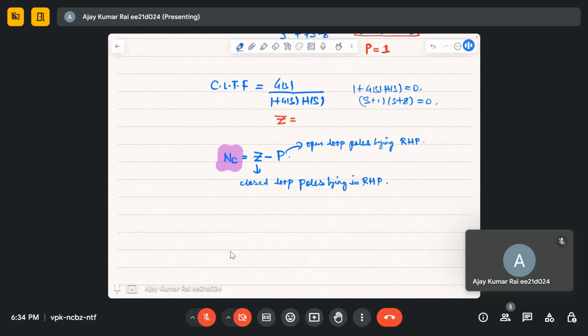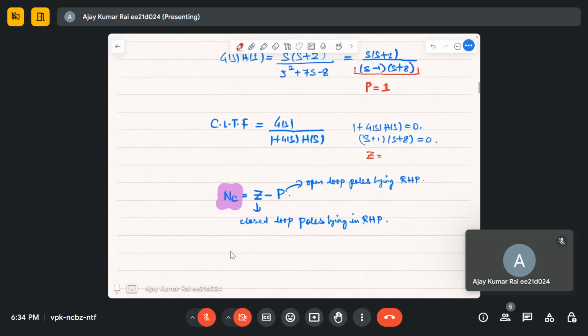Okay, now you tell me what is Z. It is the closed loop poles lying in the right half plane. How many poles are lying in the right half plane? Just look at this.